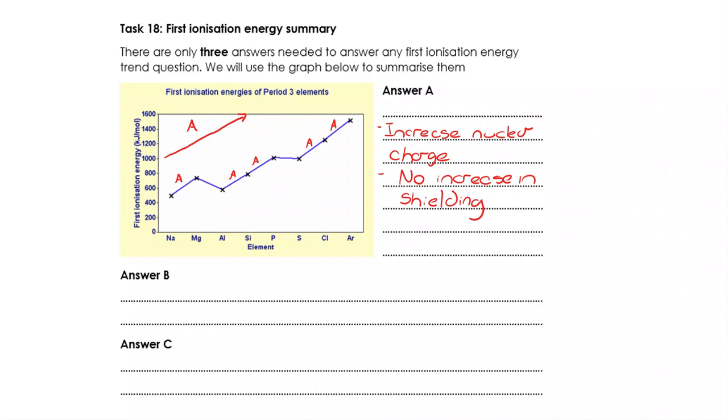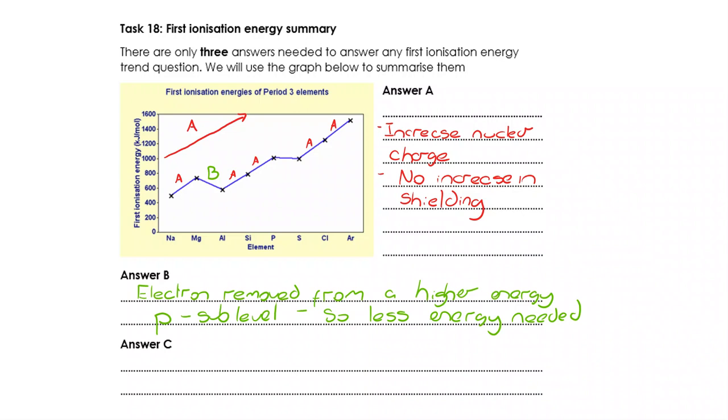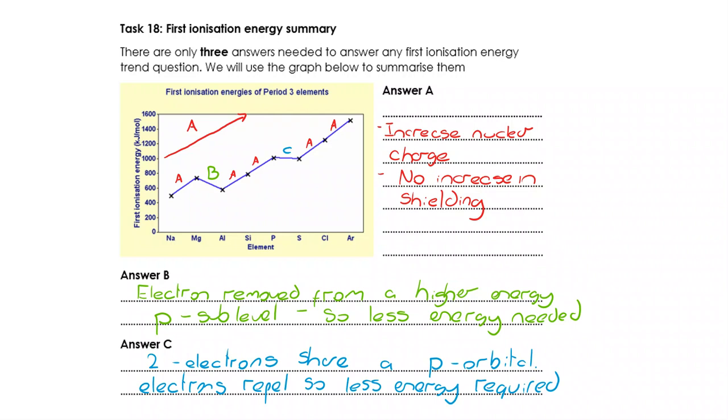For B, we have magnesium to aluminium, and that's because the electron is removed from a higher energy, p sublevel, so less energy is needed. And finally, just a repeat of what we saw a moment ago, we have got 2 electrons sharing a p orbital. The electrons repel, so there's less energy. That gives you every answer that you might need for going across a period.